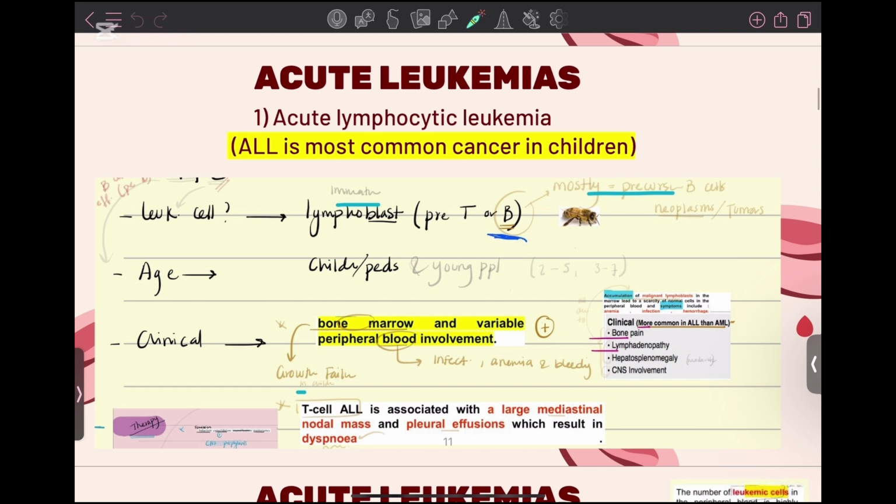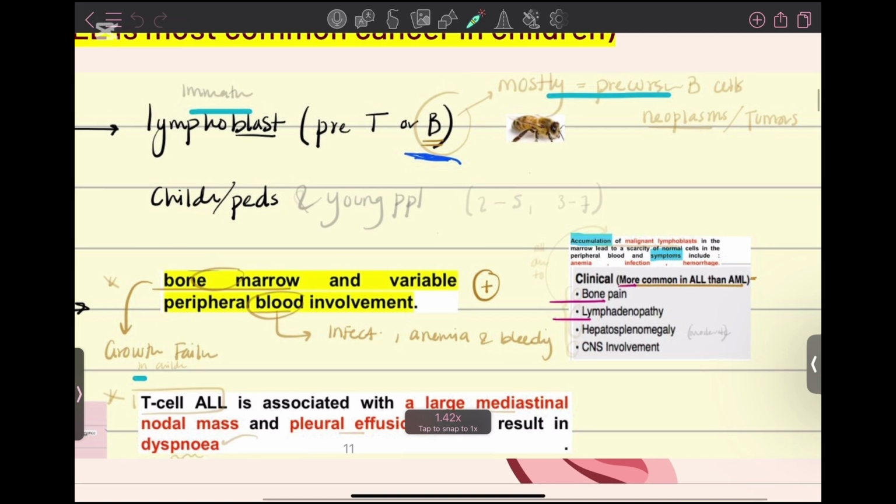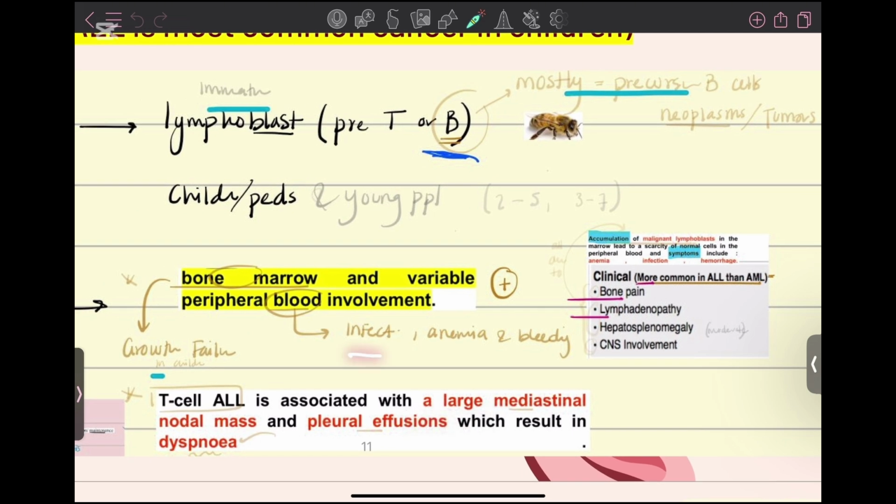Clinically, what you would see and observe is growth failure of the bone marrow, and therefore sometimes you would see retardation of growth in these children. Also you would see peripheral blood infections and anemia and so on. Why do we have a lot of infections? Because in the bone marrow we have growth failure, right?